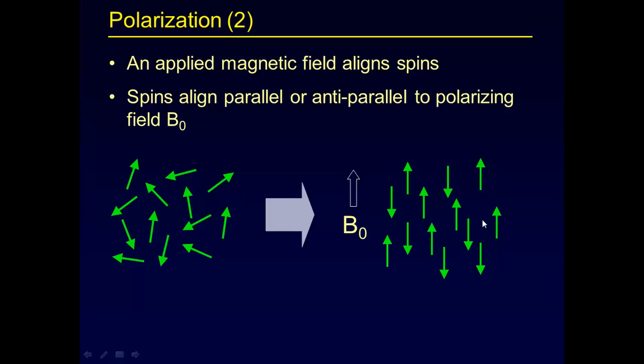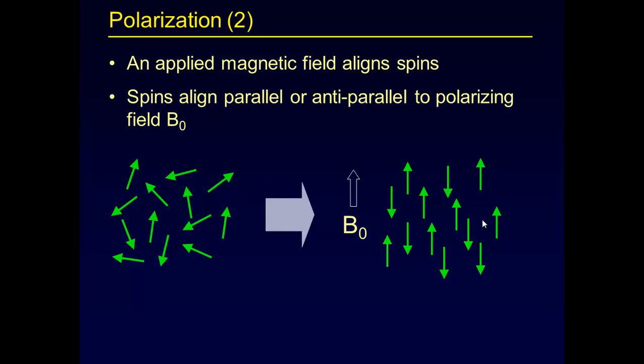Think about these spins as being a little motion of electricity. And what happens when you move, say, an electron through a magnetic field? It curves, right? It could go in a circle, for example.